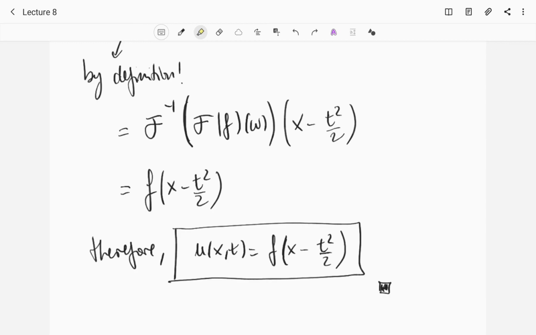So I Fourier transform the problem, and then I get an ordinary differential equation in terms of the Fourier transform of u, where the variable is t. In the second step, I solve this ODE and I get the Fourier transform of u in omega t.